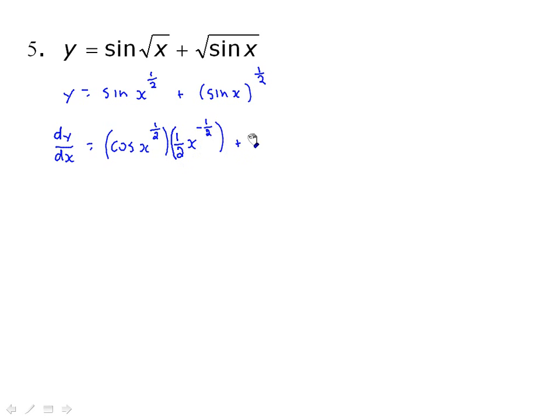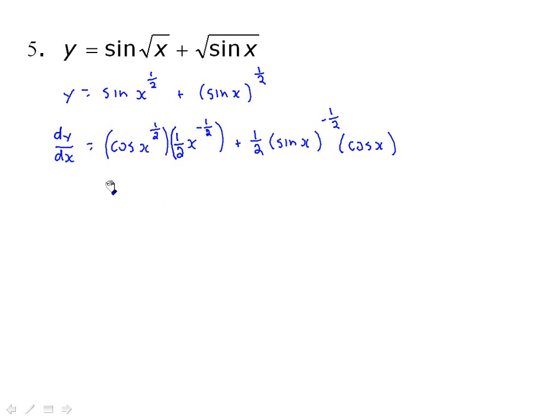And then the next part is 1/2 sine x to the negative 1/2, and then we multiply by the derivative of the inner, which is cosine of x. Now if that was anything other than x for an argument, we'd have to take the derivative of that as well. But we don't need to because there it is just x.